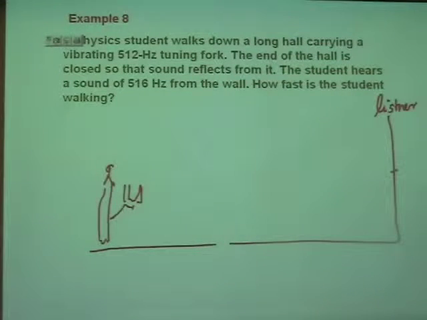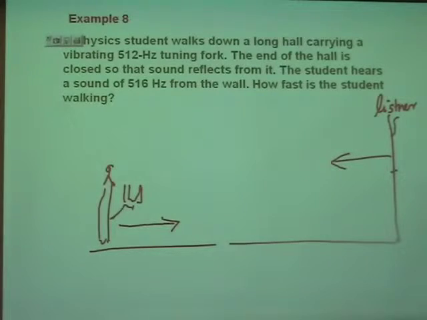First, the wall is going to be the listener and the student is the source. The source is moving towards the listener. So we will use our first formula to find the frequency as heard by the wall. And next, the wall is going to reflect that sound.